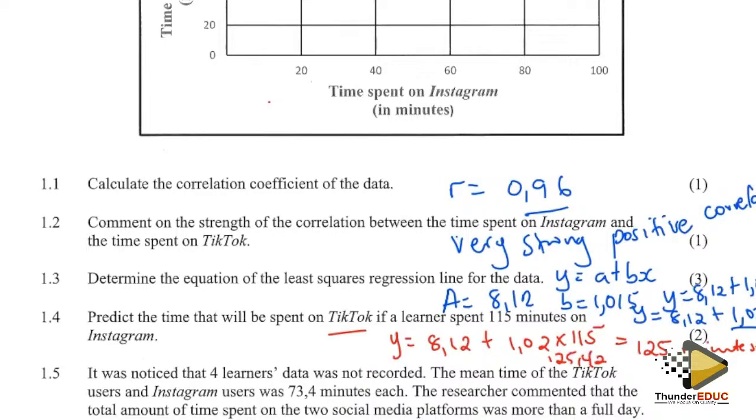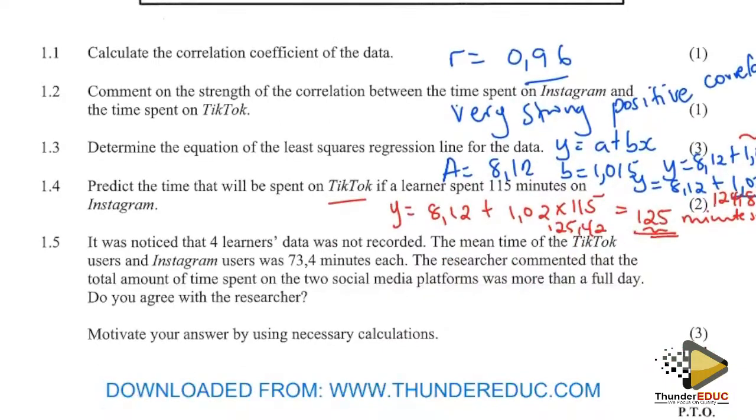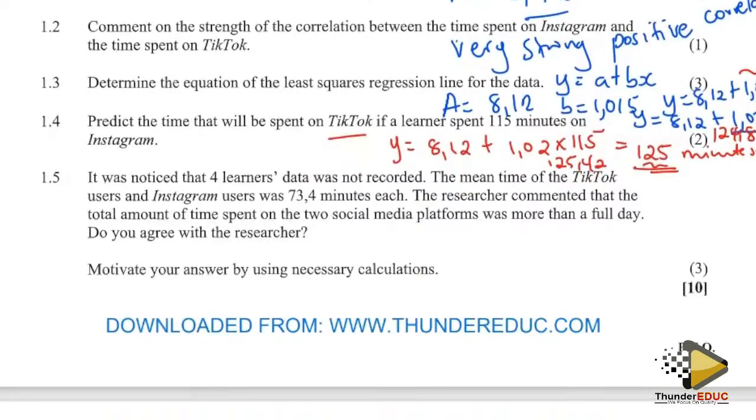If you used 1.015, it would give an approximation of 124.8 something. So roughly 125 minutes will be spent on TikTok if we have 115 on Instagram.